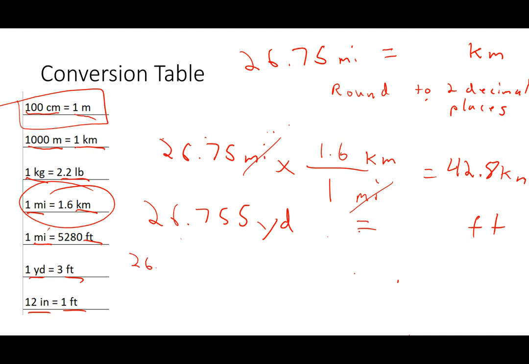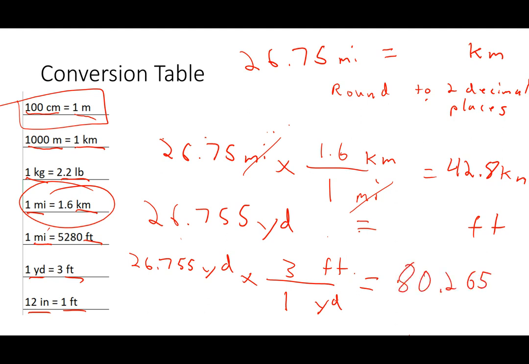Well, I have 26.755 yards, and I'm going to multiply it by something: yards will go on the bottom, feet will go on top. For every 1 yard, that's equal to 3 feet. I'm multiplying it by 3. And I get 26.755 times 3. That's 80.265 feet.